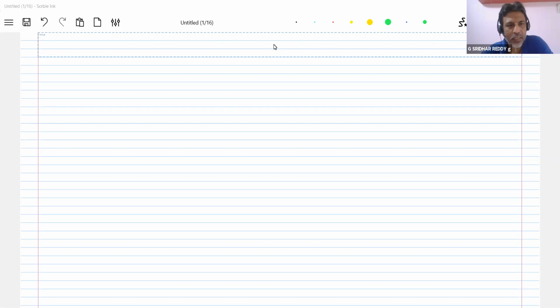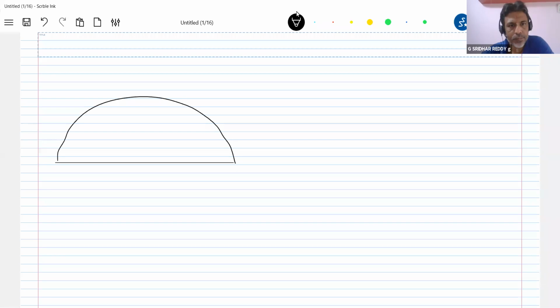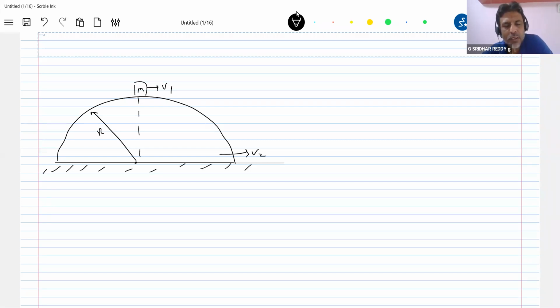In the previous class we discussed the hemisphere. If the hemisphere is also moving, on that moving hemisphere, what minimum velocity should I impart so that it will leave the circular path?